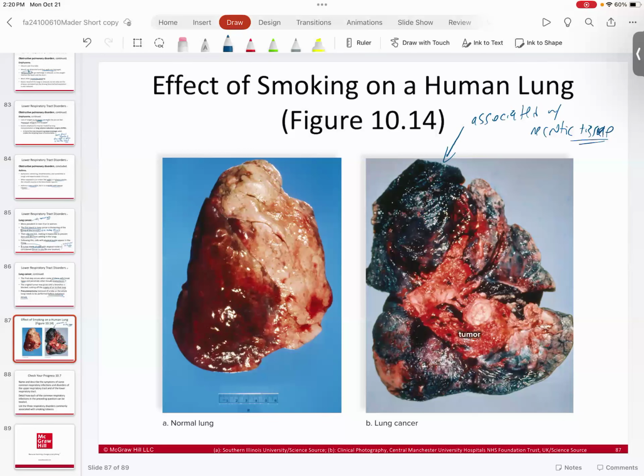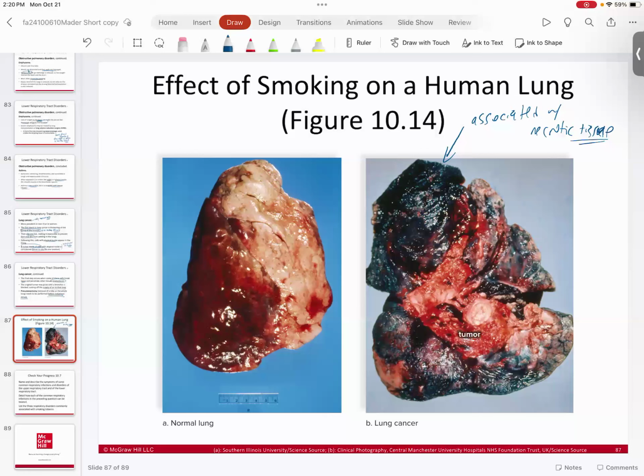Oftentimes when tissue dies, it turns black. Think about frostbite, right? Have you ever seen a frostbitten finger? What color is it? It's black, right? That's because whenever tissue dies, it oftentimes will turn black like that. So that's oftentimes a necrotic look.